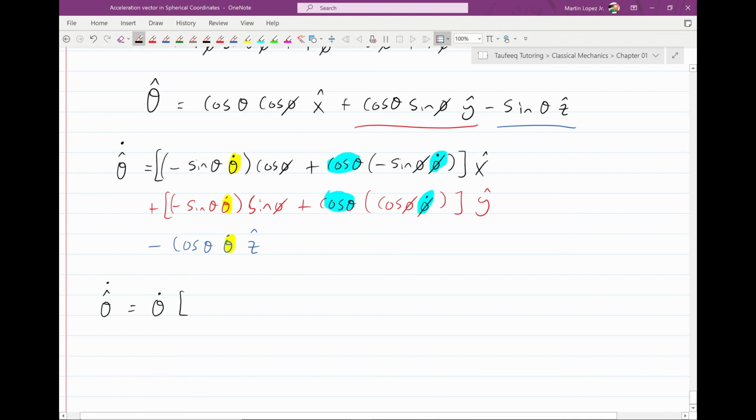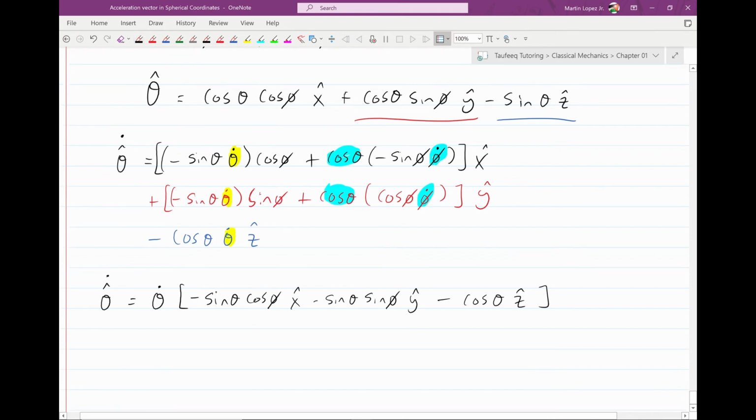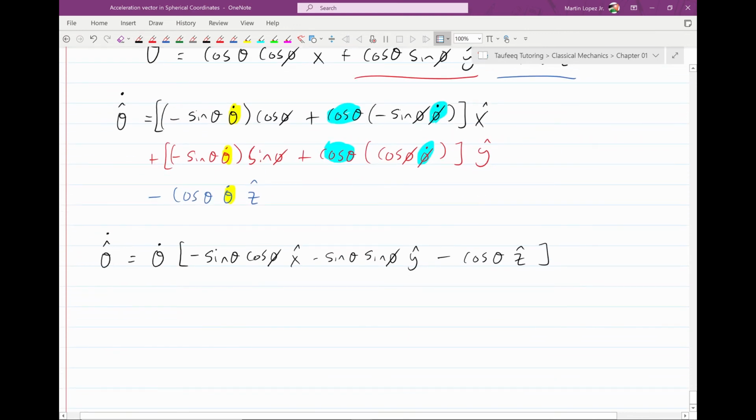So we have theta hat dot is equal to theta dot times negative sine theta cosine phi x hat minus sine theta sine phi y hat minus cosine theta z hat.